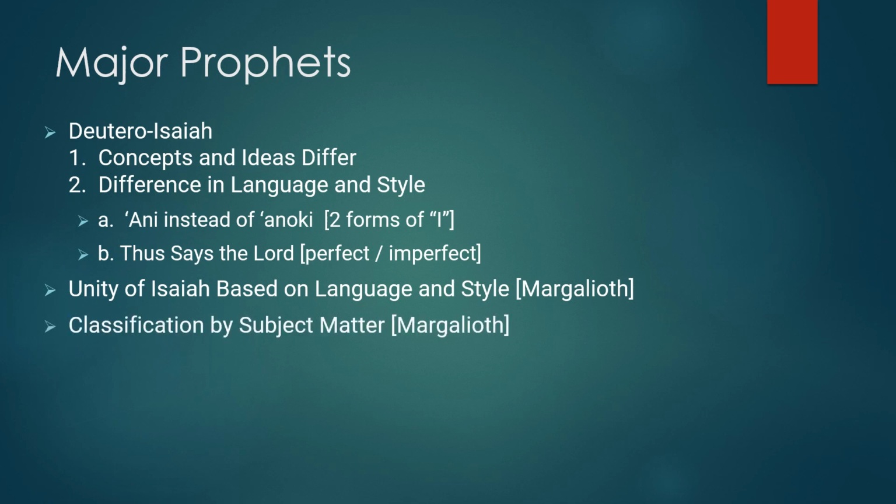Now, I have not included further comments from her book on this, but you see that she does classify the entire book of Isaiah by subject. Here are some of her subjects: designations of God, designations of the people of Israel, formulas of prophecy, messages of consolation, and things of that sort.